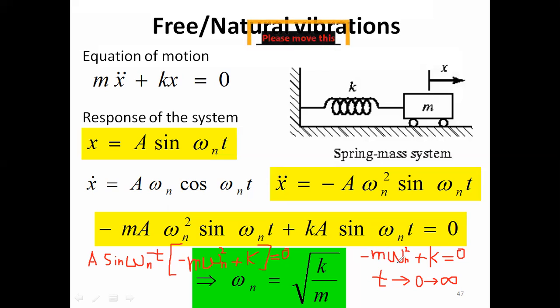From this equation, I could take this quantity to the other side of the equation, so it would become −k. This minus would cancel with this minus, and we would have ωn² equal to k by m. Taking the square root on both sides, ωn is equal to the square root of k by m.